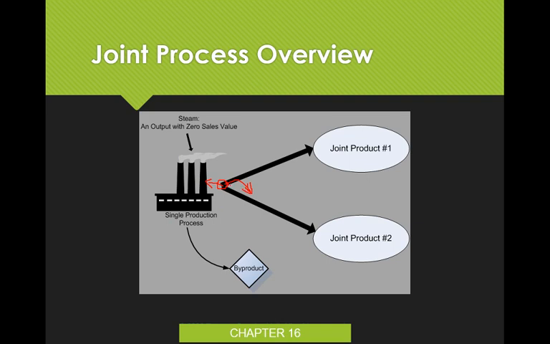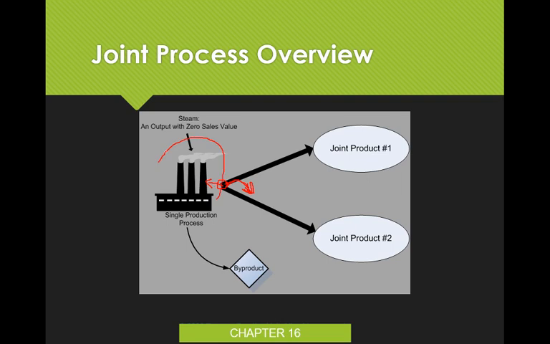After this point, we can distinguish between the components of the crude oil. Before this point, we cannot.